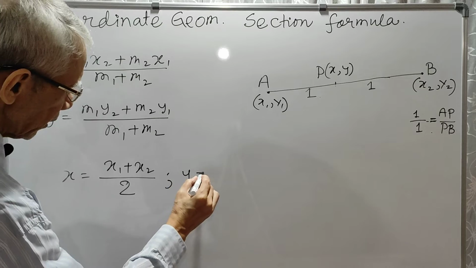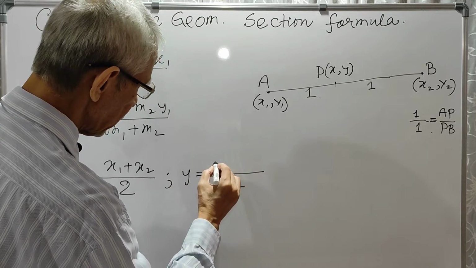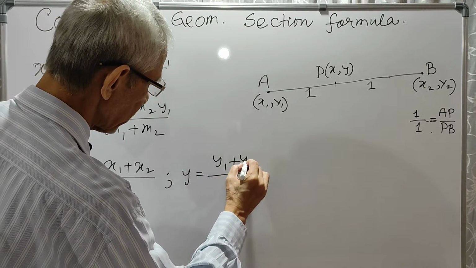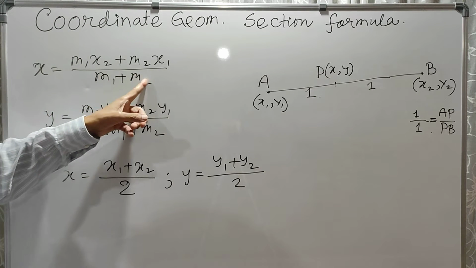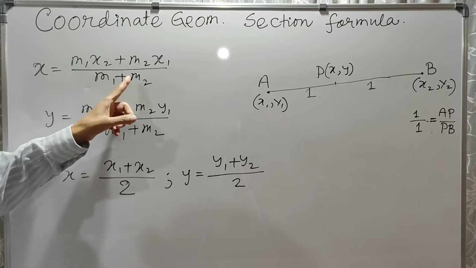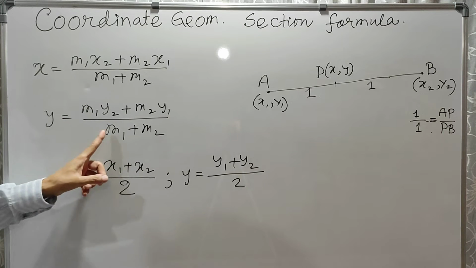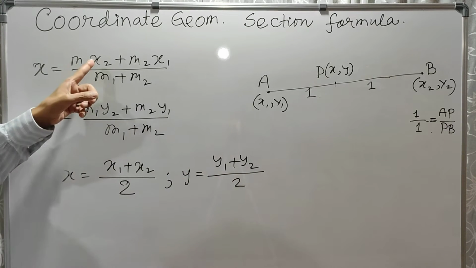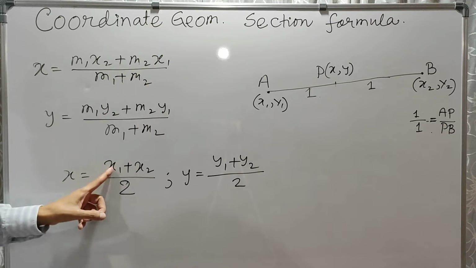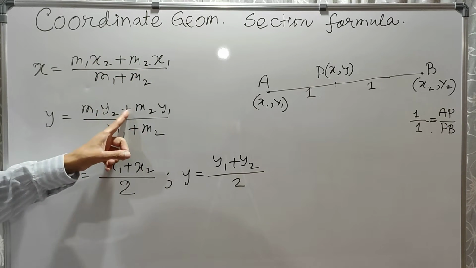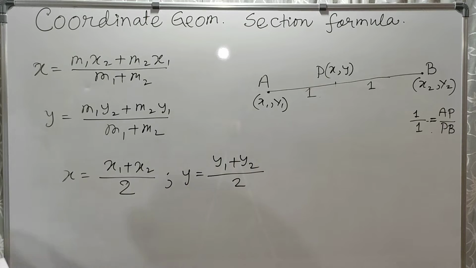Similarly, y will be y1 plus y2. Here in place of m1, m2, we write 1, 1. So 1 plus 1, 2. And here m1 is 1, m2 is 1, so y2 plus y1 over 2.